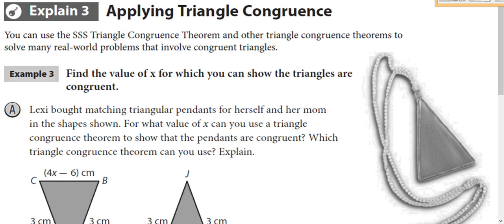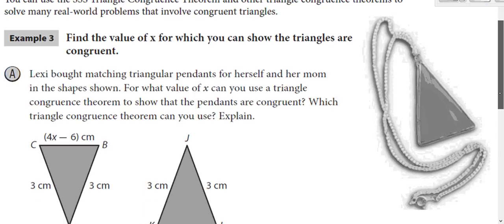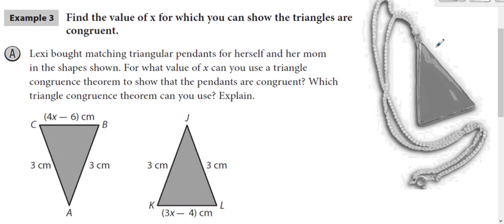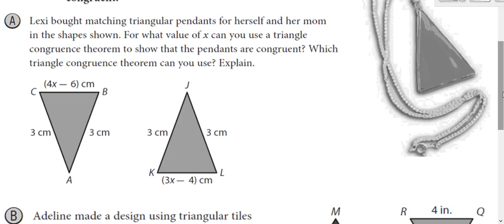We can also apply side, side, side to real life examples like this. We've got this pendant. We can use it since they are to be congruent triangles. We've got 3 and 3.